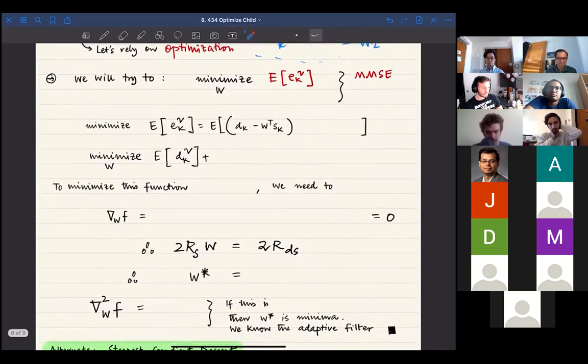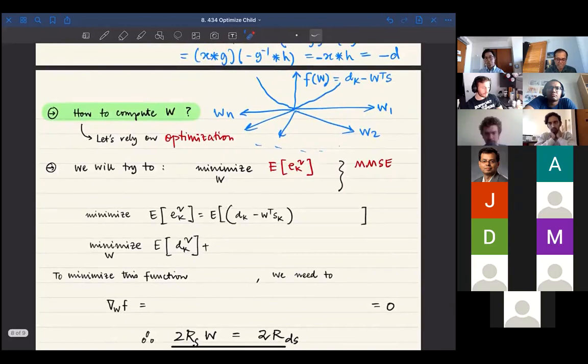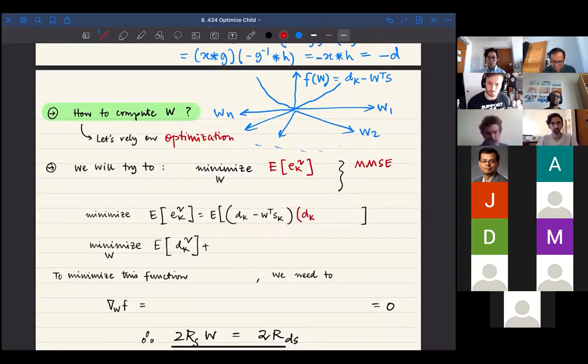Fantastic. So now let's write out the equations. ek is dk minus W transpose sk. You agree? So ek squared is the expectation of dk minus W transpose sk times dk minus W transpose sk, transposed.